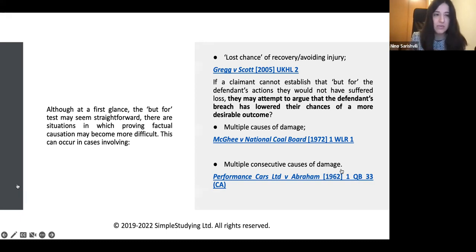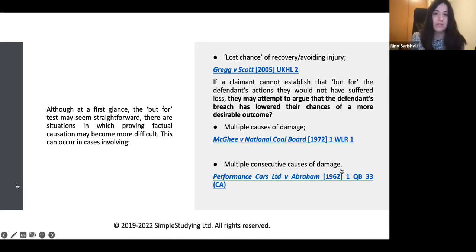This basically means that if a claimant cannot establish that but for the defendant's actions, they would not have suffered loss, they may attempt to argue that the defendant's breach has lowered their chances of a more desirable outcome. So even if it was not completely the defendant's fault, what happened has certainly worsened the outcome.